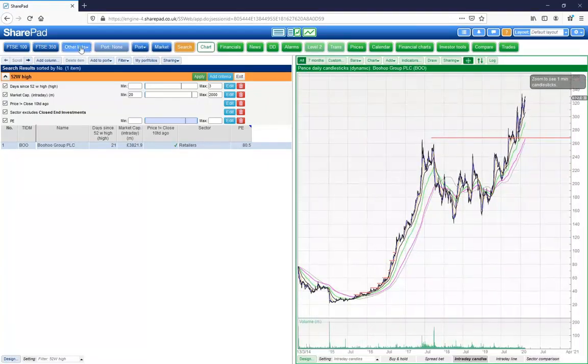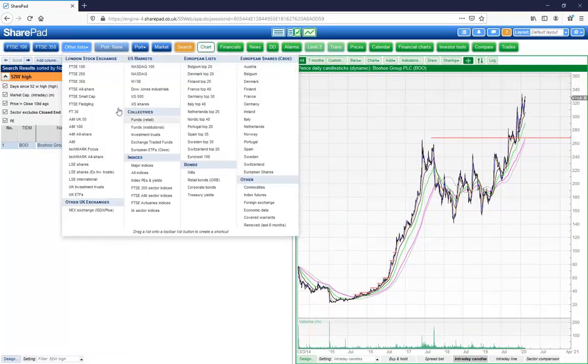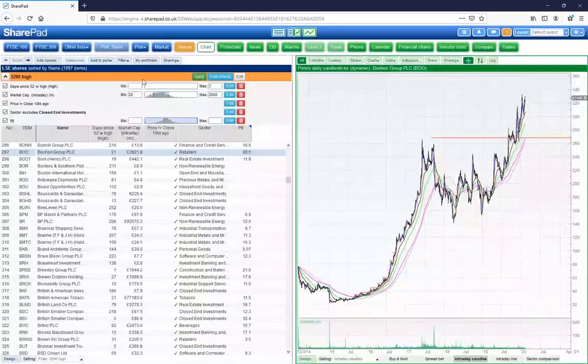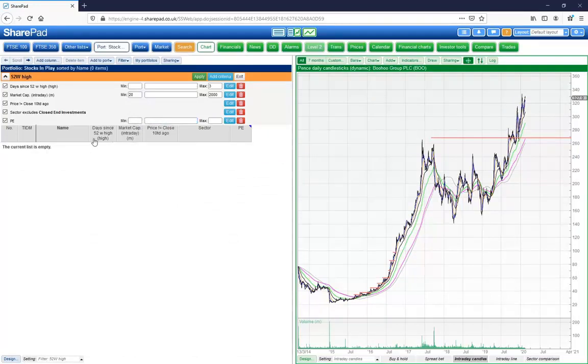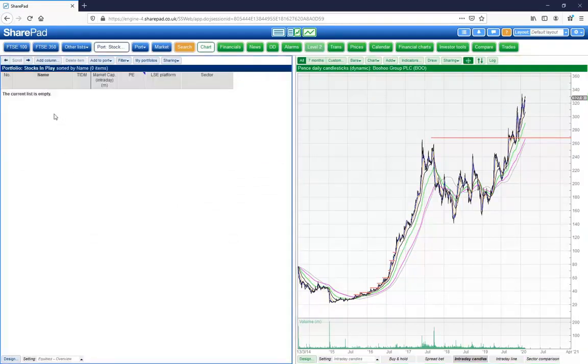So we've gone through the filters. We click back to LSE shares, 52-week high. We've gone through the volume filter, the low filter, and if we go to my watch list, stocks in play will typically be news-based shares or something I want to keep a close eye on. I will keep them in here and I'll delete them as appropriate.